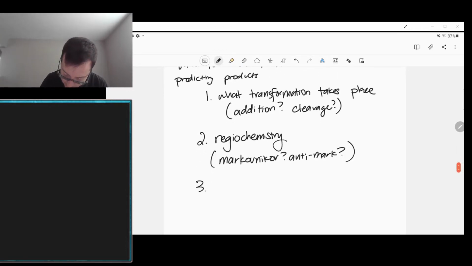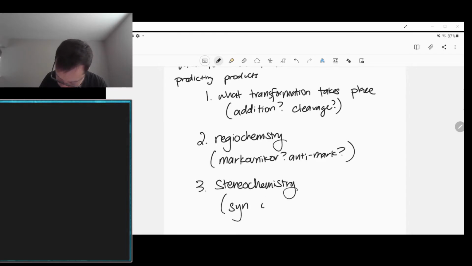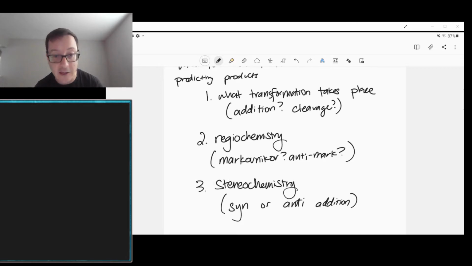And thirdly, we need to consider stereochemistry. And that's going to be, is this a syn or anti addition? So if you can answer these three questions after being given a set of reagents, you'll know what to do.